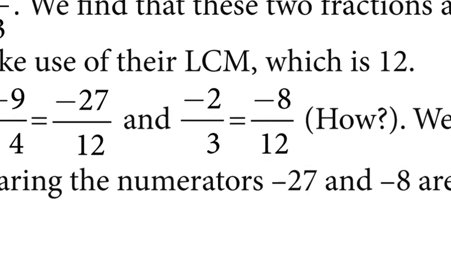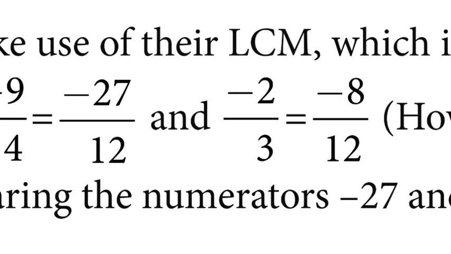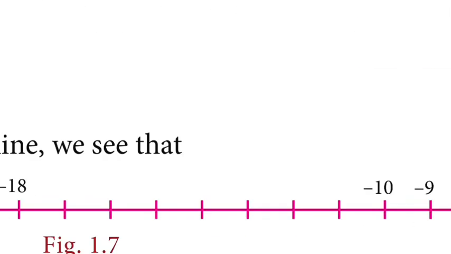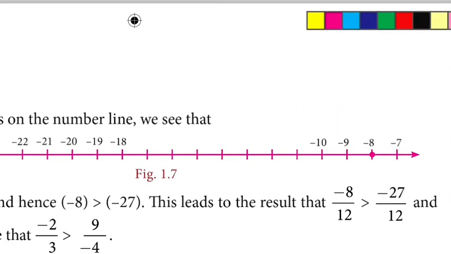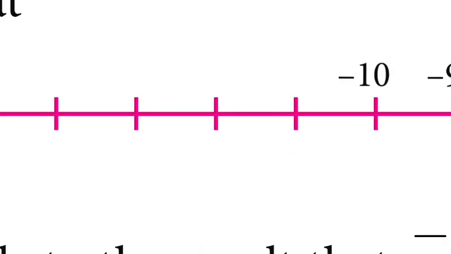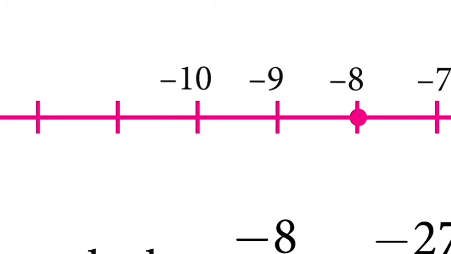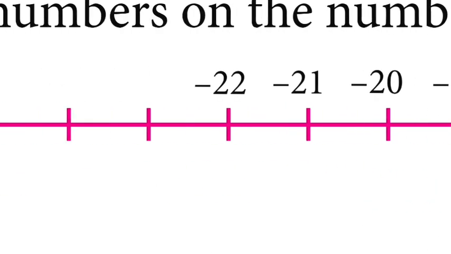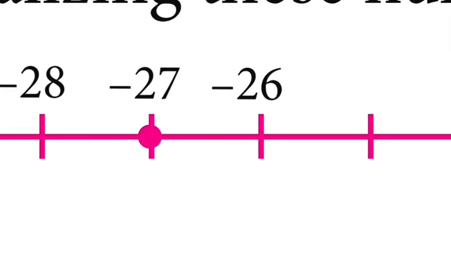Now the denominators are the same, 12 and 12. Then we compare the numerators, minus 27 and minus 8. If you have doubt in comparing negative numbers, we use a number line. On the number line, minus 8 is here, and minus 27 here.